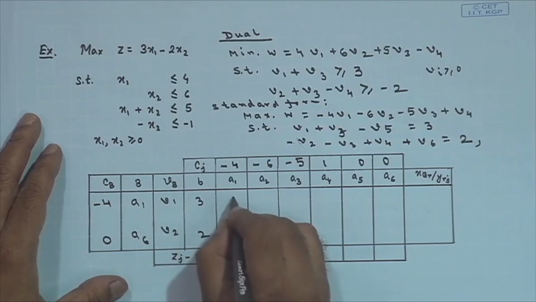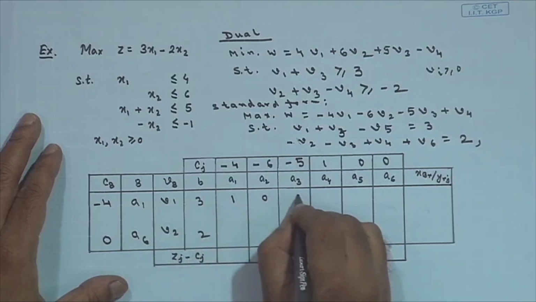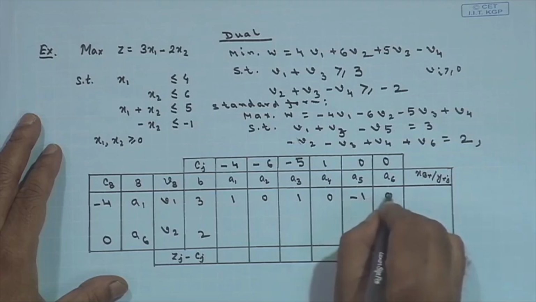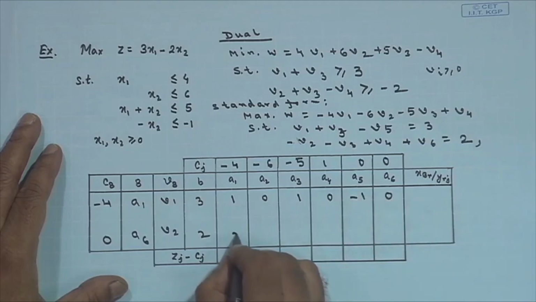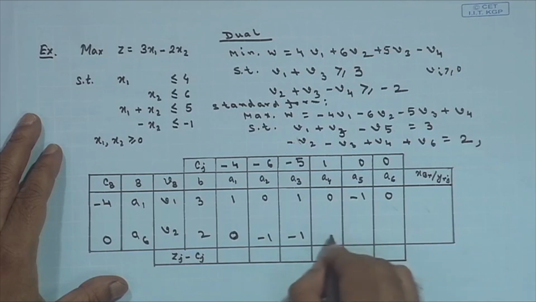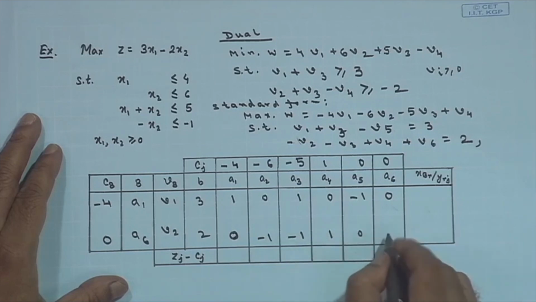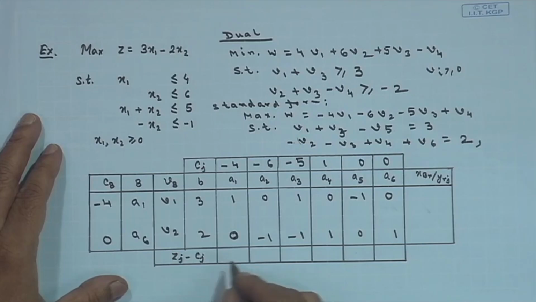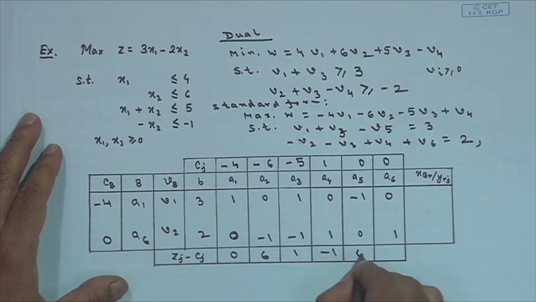Now, write the rows, which is similar to what we have done earlier: 1 0 minus 1 0, and this is 3 2, this is 0 minus 1 1 0 1. Zj minus Cj, if you calculate, 0 6 1, this one will be minus 1, the next will be 4, and this is 0.